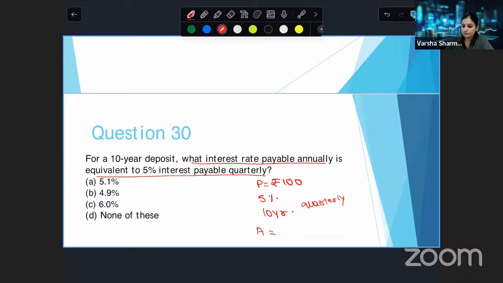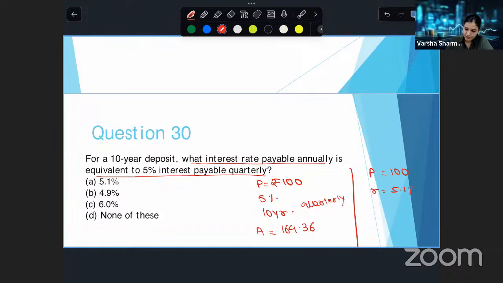What's the amount? 164.36. Now, again, the principal is 100. Assume the rate and we have to do the sum. Yes or no?